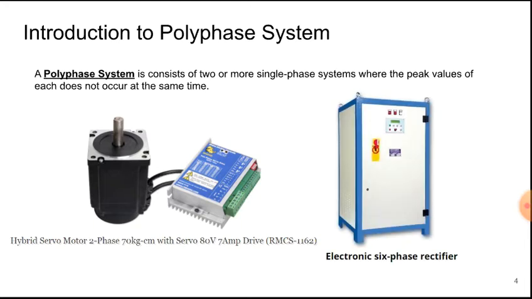Then we also have a higher number of phases. We call it six phase. This one is a six-phase rectifier, and this is used to supply high power, high loading. For example, welding machines that need higher power use a higher number of phases.